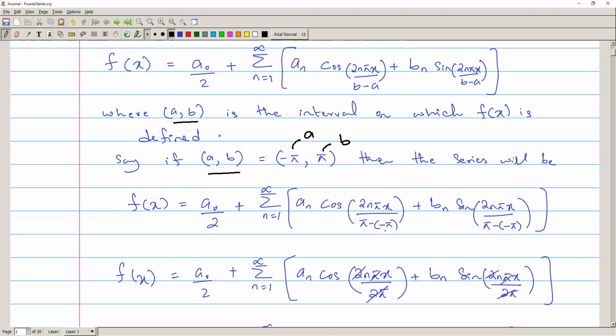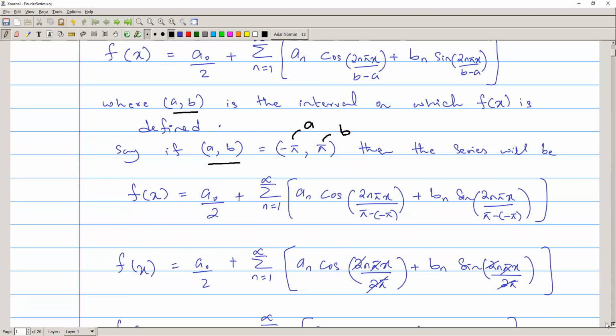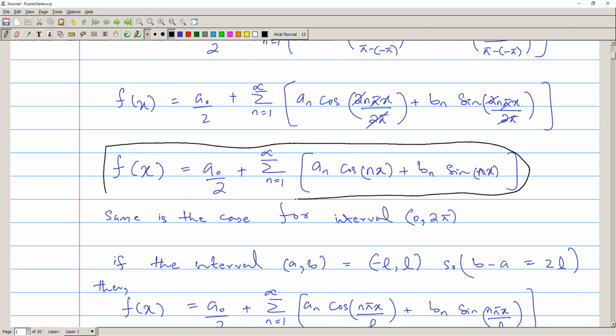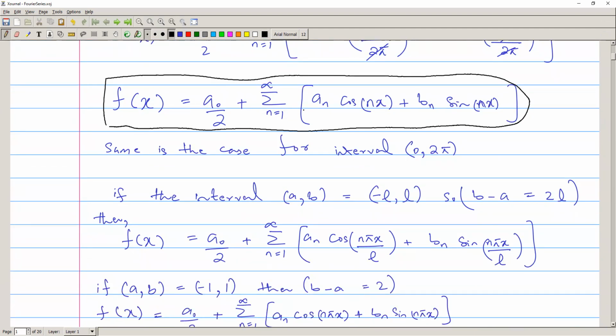So pi minus negative pi, here also pi minus negative pi, so it will be 2 pi, and 2 pi and 2 pi will cancel out, and we will only be left with this equation, right? So this is also called the general Fourier series for period 2 pi. Whenever the period is 2 pi, we can use this series, right?